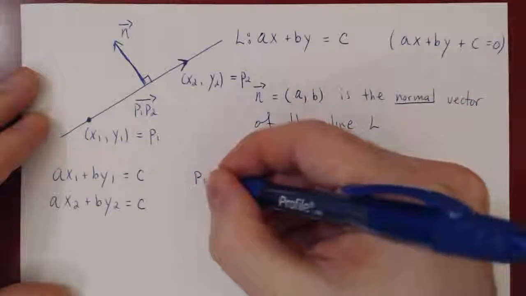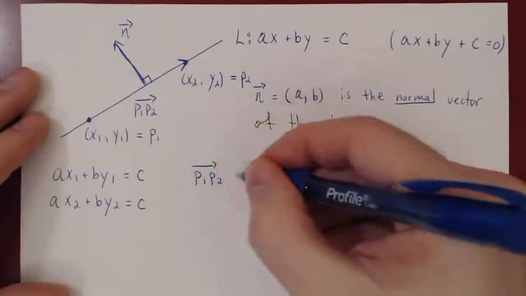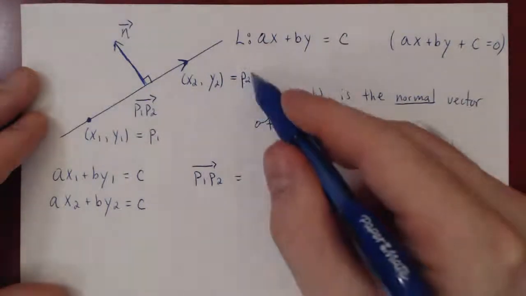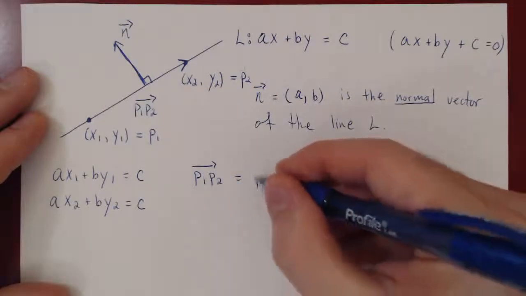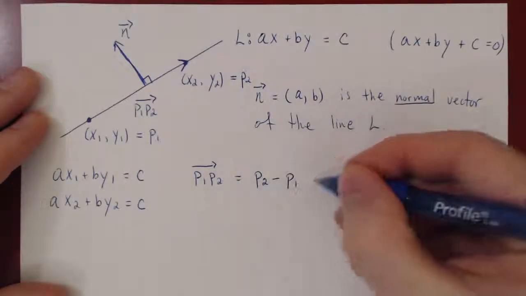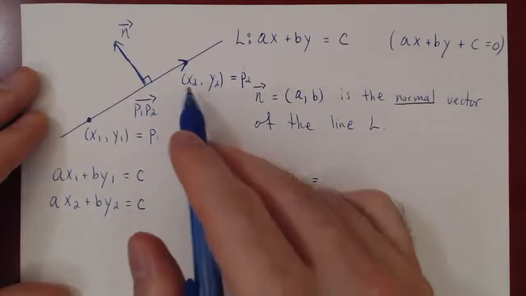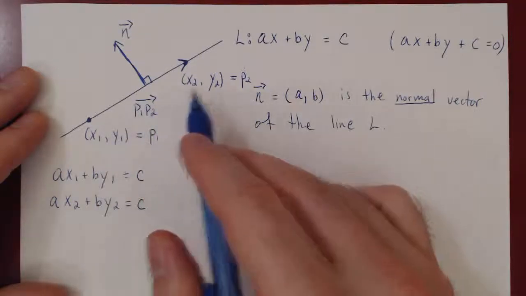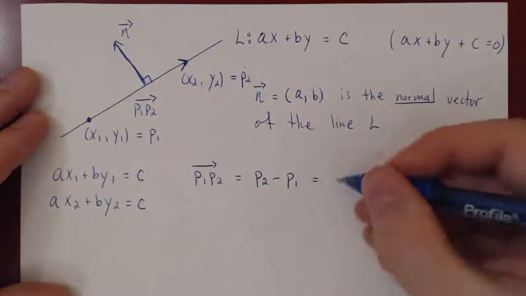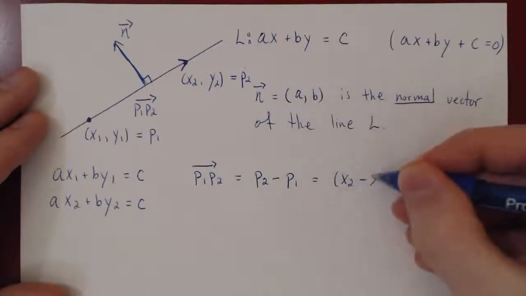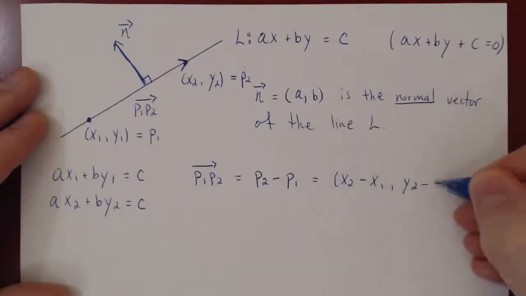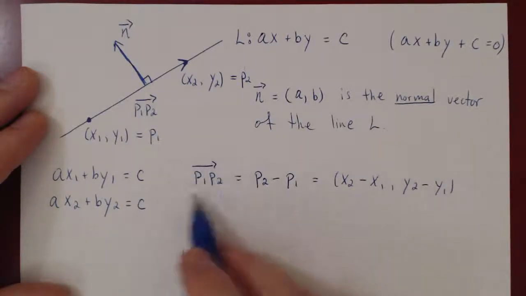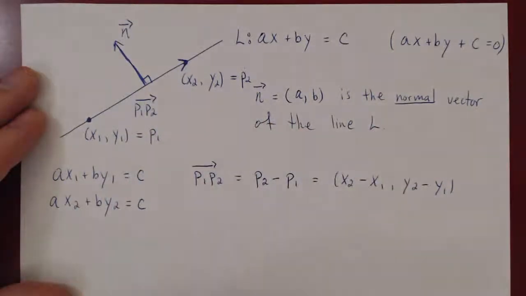If you remember, when you have a vector that's built from 2 points, P1, P2, the coordinates are found simply by taking the end point and subtracting from the end point the initial point. So if we subtract from x2, y2 the point x1, y1, we'll get quite simply x2 minus x1, y2 minus y1. So these are the coordinates of vector P1P2, which is an arbitrary vector parallel to the line L.